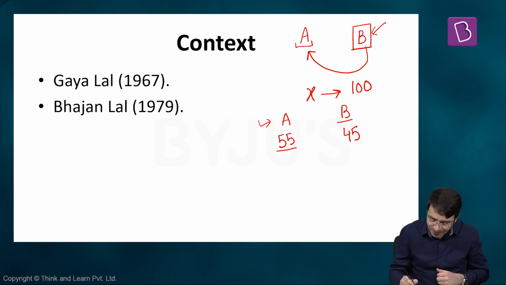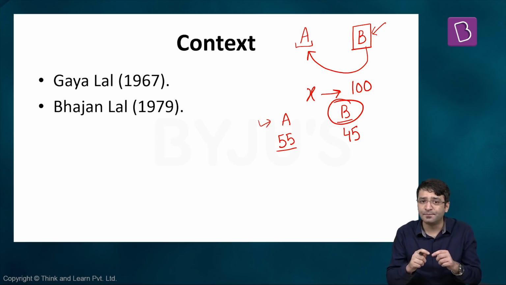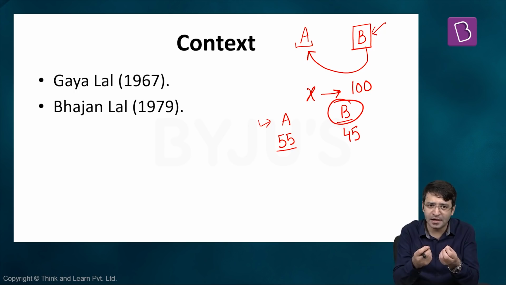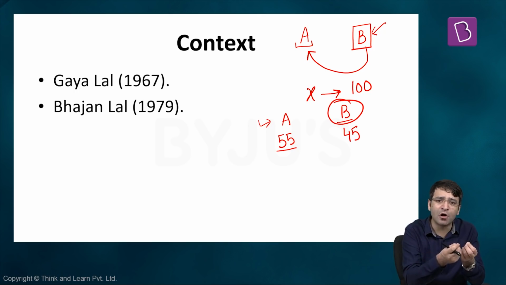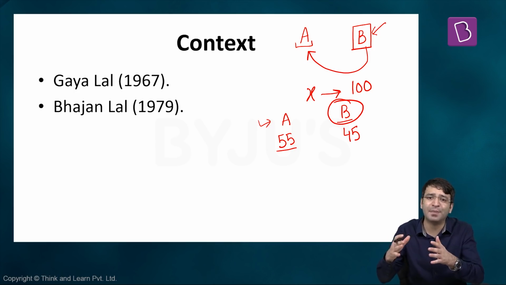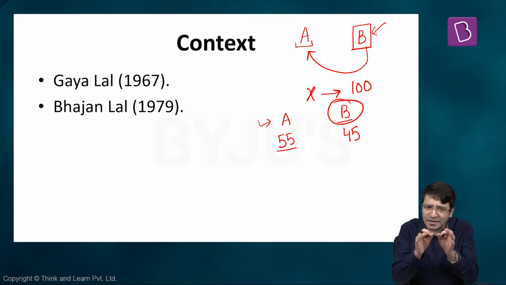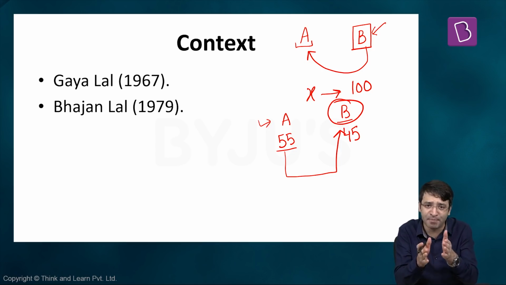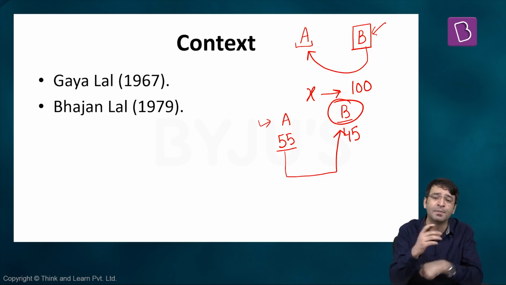So Party B, which has a lot of money, is now approaching us. Maybe with money, maybe with the lure of a post of a minister, maybe they are offering us that we will make you the head of a public sector undertaking. So ultimately what happens? Some of these MLAs jump the ship, they defect and move to Party B. Now Party B is in a position to form the government. This is defection, party hopping.